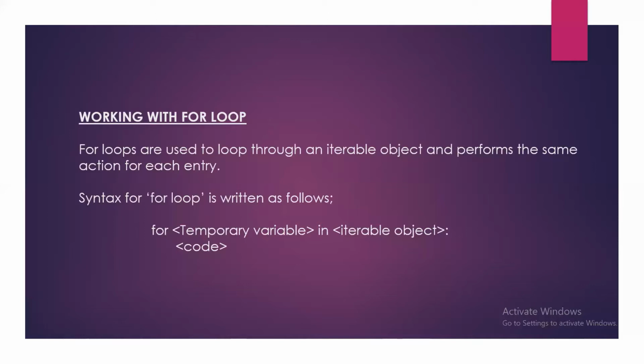An iterable object can be anything. It can be a list, it can be a dictionary, or anything which has more than one item, element, or entry. And upon each item, element, or entry, we want to perform a specific repetitive task.